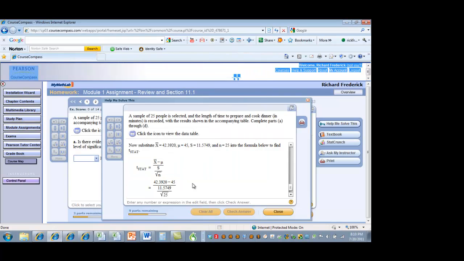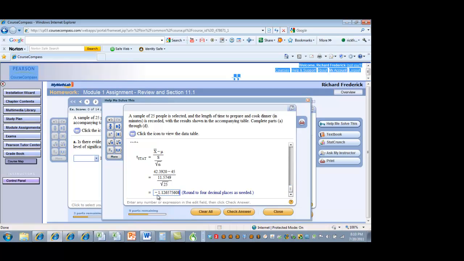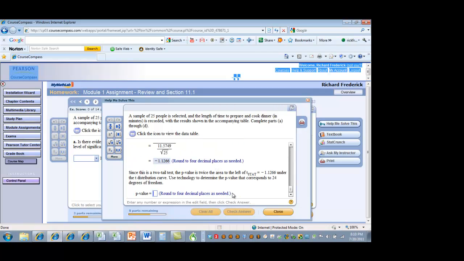Copy. Paste. To 4 decimals, 1.166. Right? So let's check that answer. That's good. Okay. Now what's the p-value?